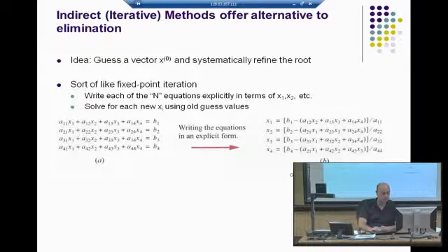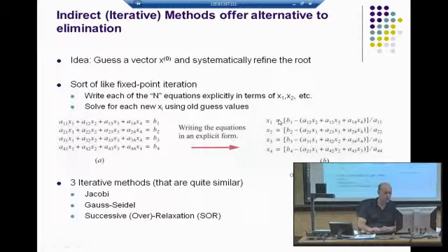Well, that works out, that'd be great. The problem is that you don't know what, in the first row, x2, x3, and x4 are. So how can you calculate x1? Well, that's where your guess comes in. And there are different versions of this. One of them is called the Jacobi method. That's the simplest and the most basic. Another is called Gauss-Seidel, which is a little bit more advanced version of that.